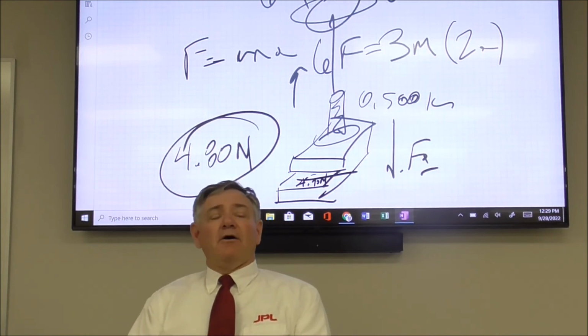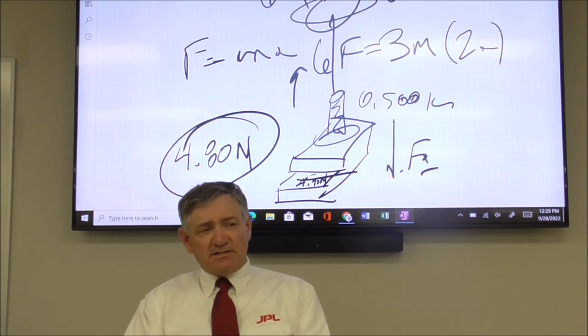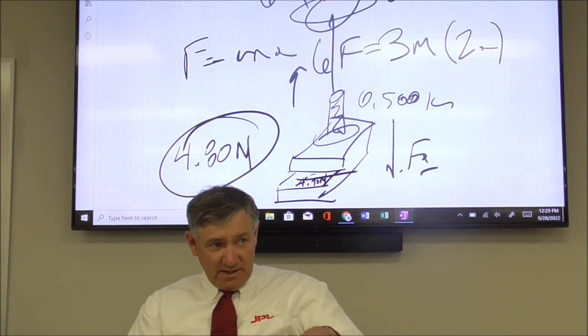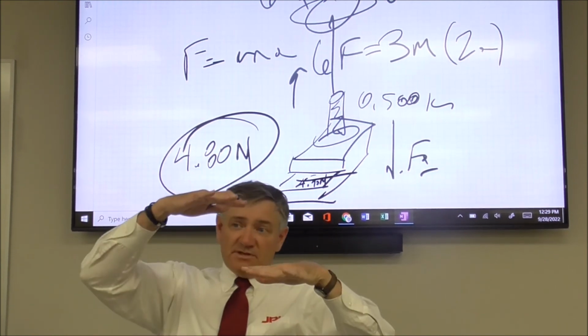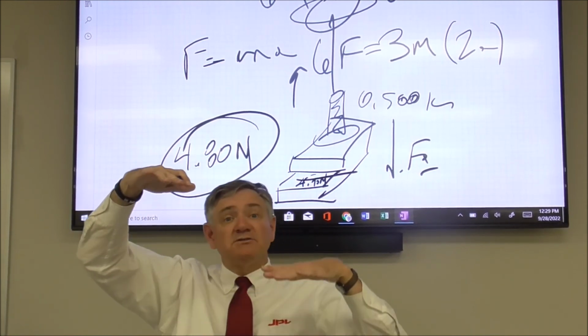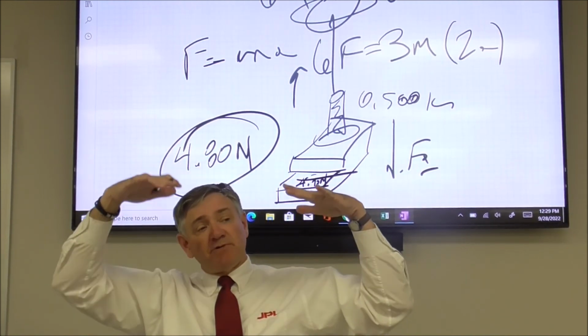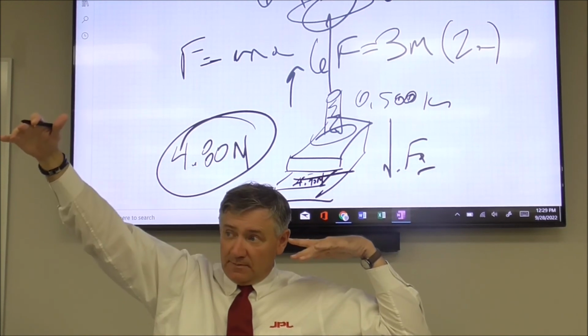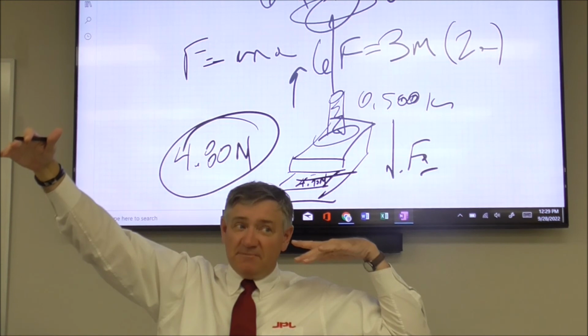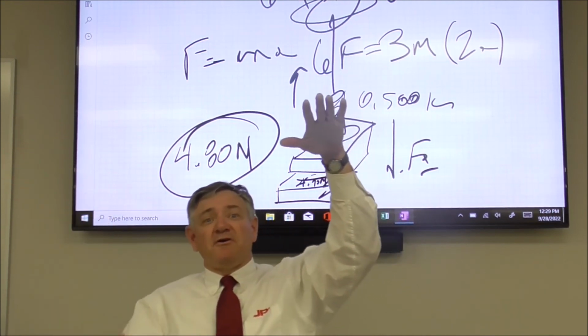Now, everything still has to add up to equal 0. You have gravity pulling down at negative 4.9. The scale is now providing an upward force of 4.8. So how much upward force is being provided by the balloon? 0.1.